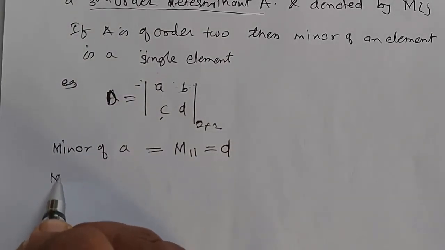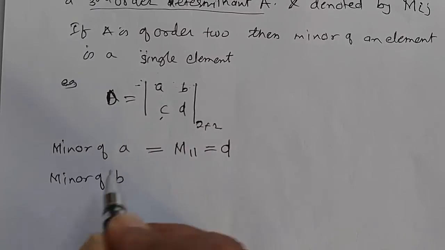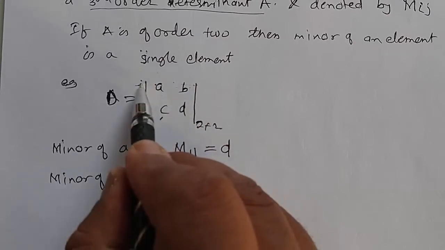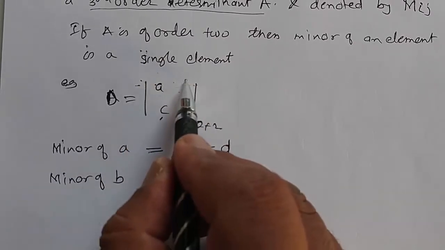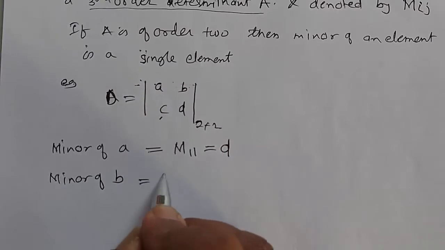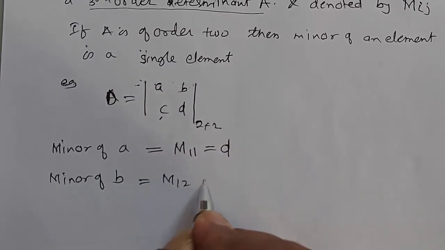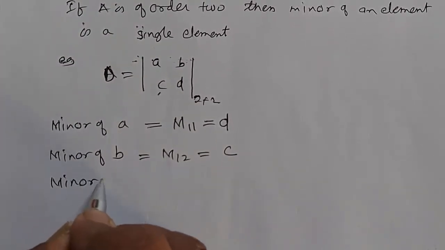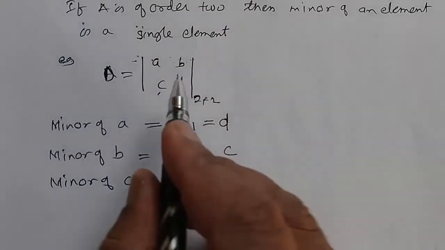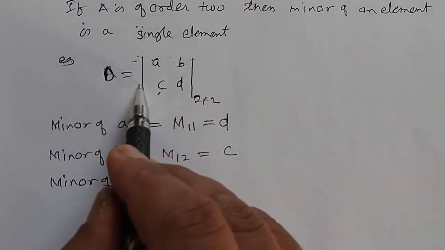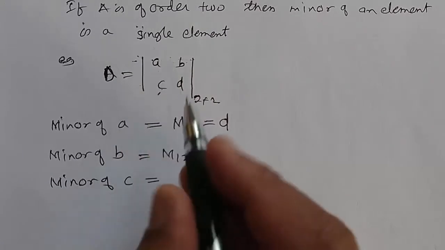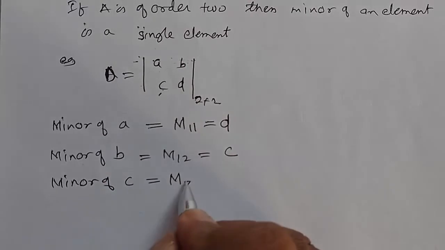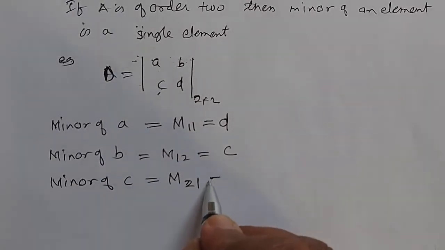Similarly, minor of element B, that is first row second column: eliminating first row second column we get C. So, M12 is equal to C. Next, minor of C. C belongs to second row and first column.